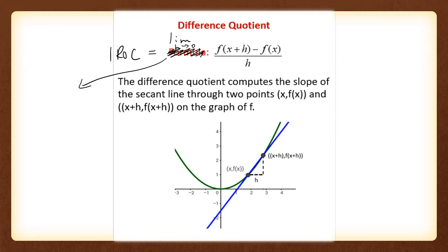Again, how you read that: the limit as h goes to 0. Now, if you recall from the last lesson, calculating IROCs using intervals, basically we want to know what the instantaneous rate of change is at a specific value of x, x equals a, let's say.